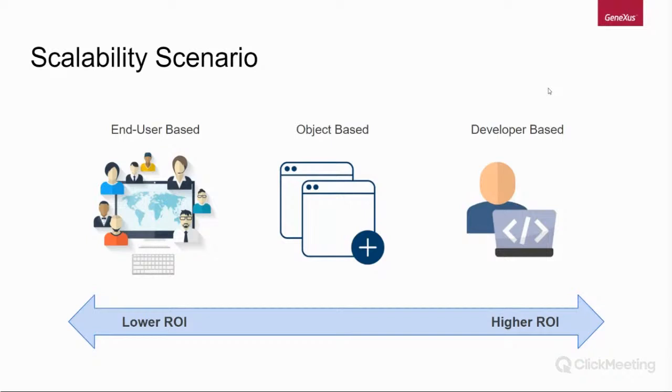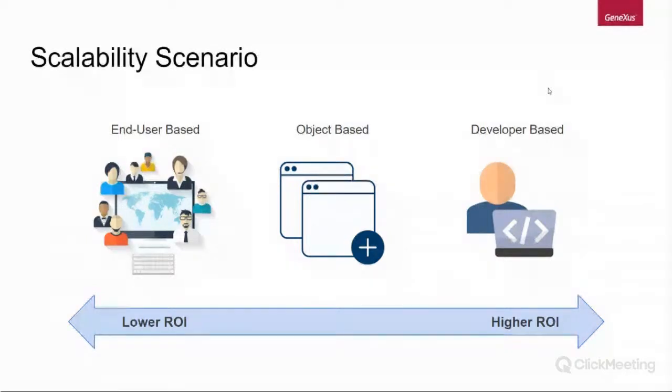So the growth of my software will be determined by the end users of that software. Therefore, as my software grows, so do the end users, and therefore I have to pay more. So every time my software grows in the user base, the expenses after that initial investment also grow.